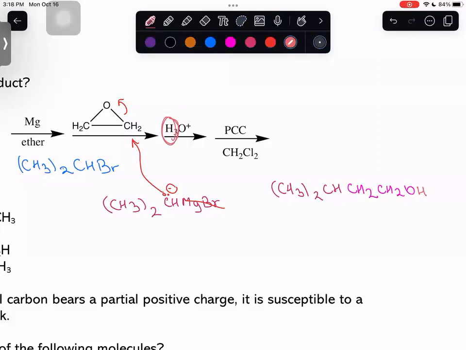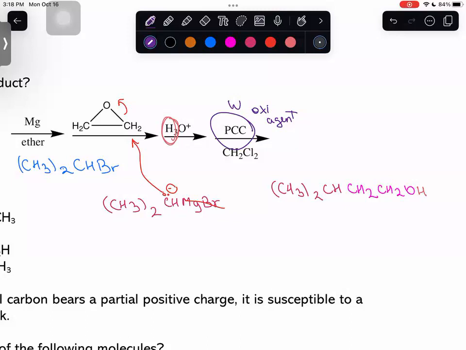Now, we have PCC, this guy. What was PCC? It's a weak oxidizing agent. What kind of alcohol group do I have? Primary, secondary, tertiary? It's going to be primary.